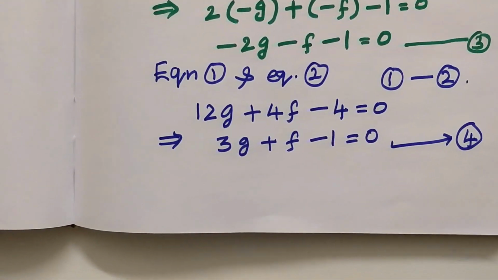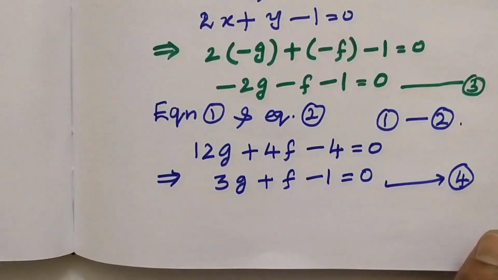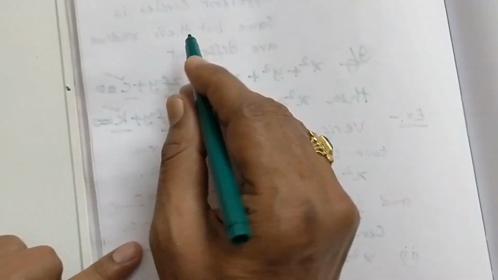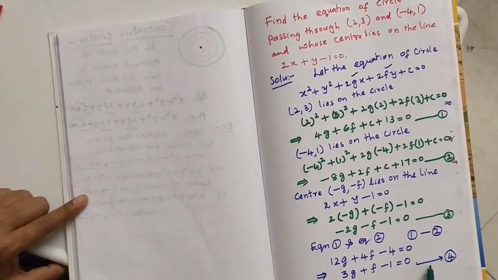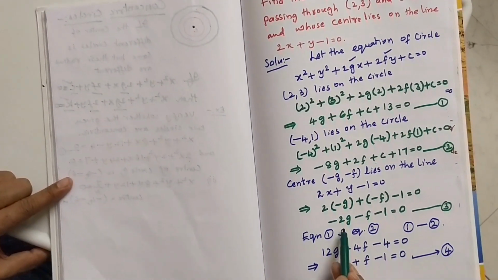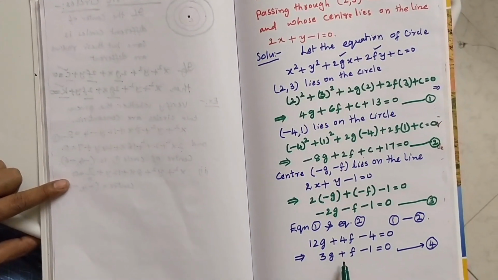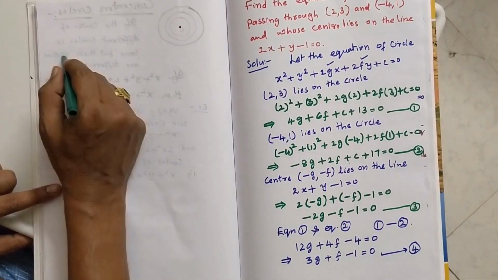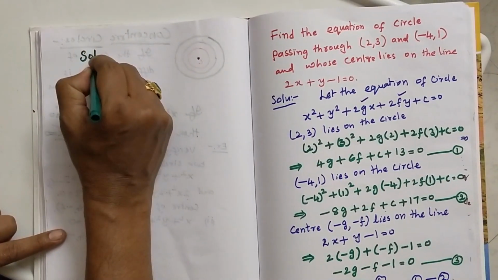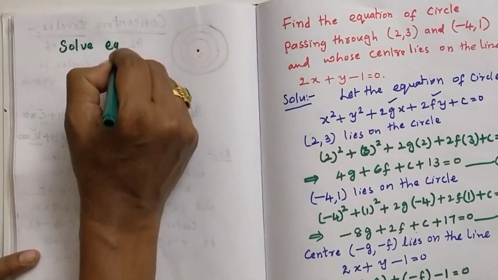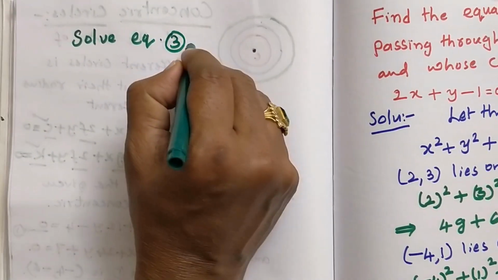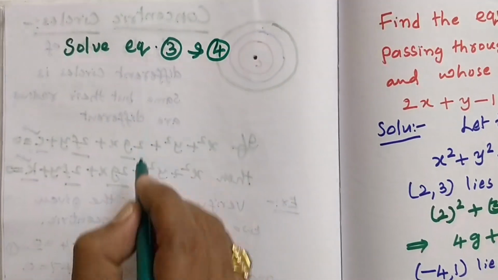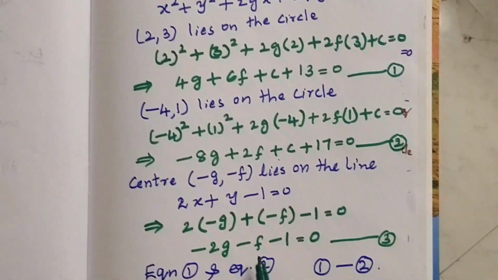Now see here. After this, I want to do in third and fourth. There is no C, only two variables are there, G and F. So solve equation 3 and 4. Here you have the minus F and here plus F. That's why I am adding.